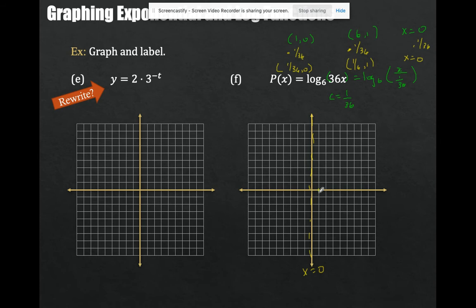Let's say I make this 1, 2, 3, 4, 5, 6. Let's say I make that my 1. Is to make my graph a little easier. Aren't I clever? So 1/36, right, is way over here.